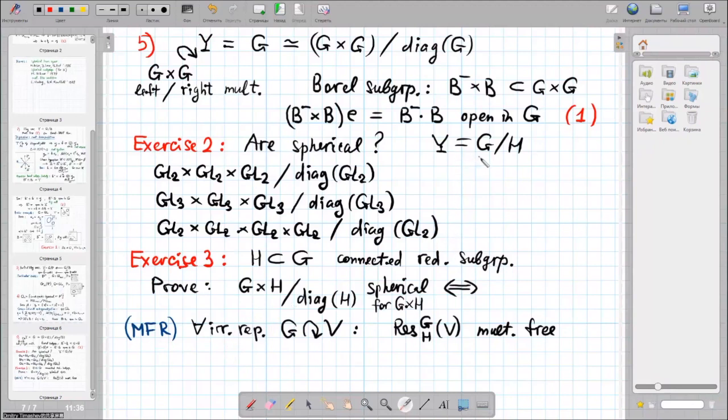In exercise 2, the acting group is G, and in the first case, G is this one. In the second case, G is this one. And in the third case, G is this one. Yes, you are right. So my last exercise is the following one.